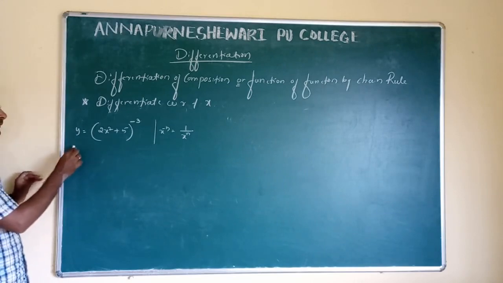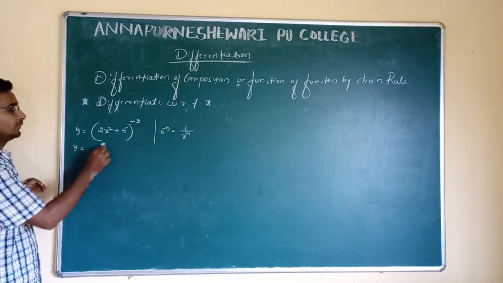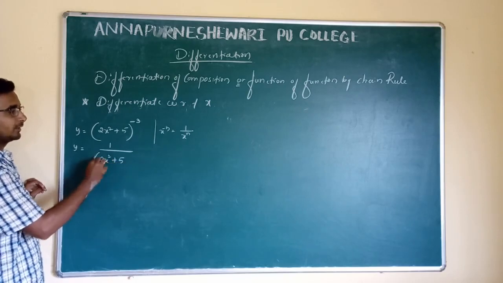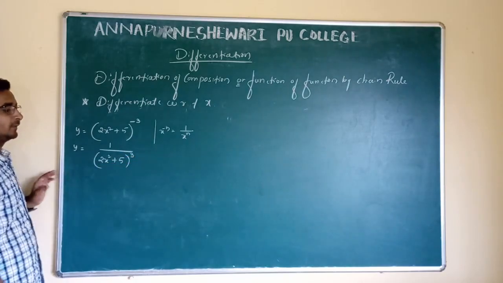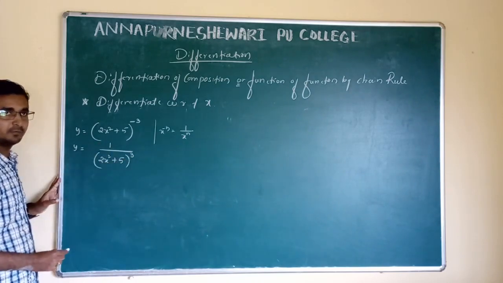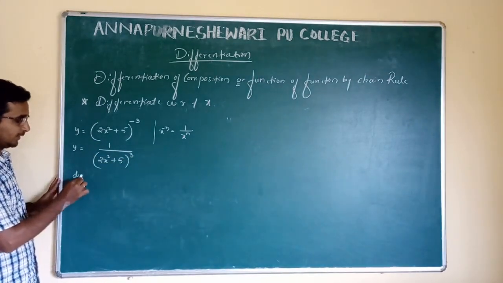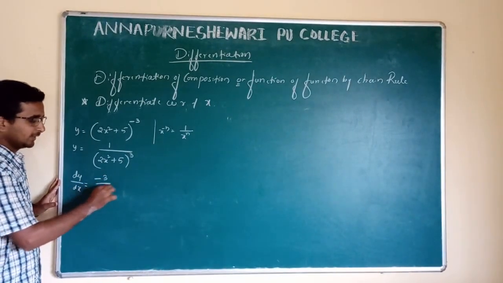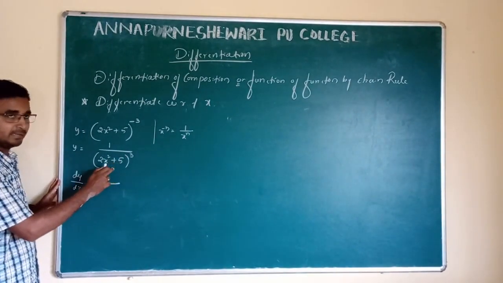So I will take this as y equal to 1 divided by 2x square plus 5 whole raised to 3. Now it is in the form of 1 divided by x raised to n. What is the derivative of 1 divided by x raised to n? d by dx is minus n divided by x raised to n plus 1, from outer side to inner side.